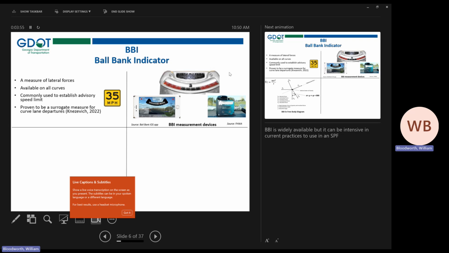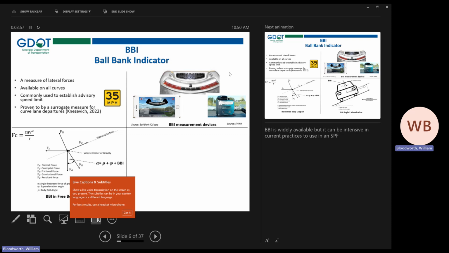It's kind of outdated. You can see ball bank indicator on a free body diagram. It is the angle between the resultant forces, meaning the combination of the centripetal force, normal force, and frictional force, and the force of gravity.